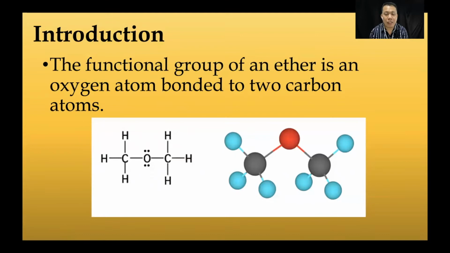On the right side of the image is the ball and stick model of ether. So the one on the left and the one on the right are the same. They are just different in terms of the presentation. The one on the right is a ball and stick model.